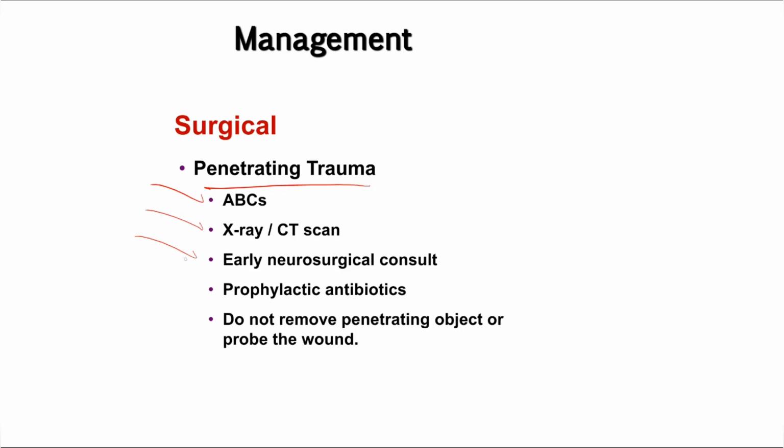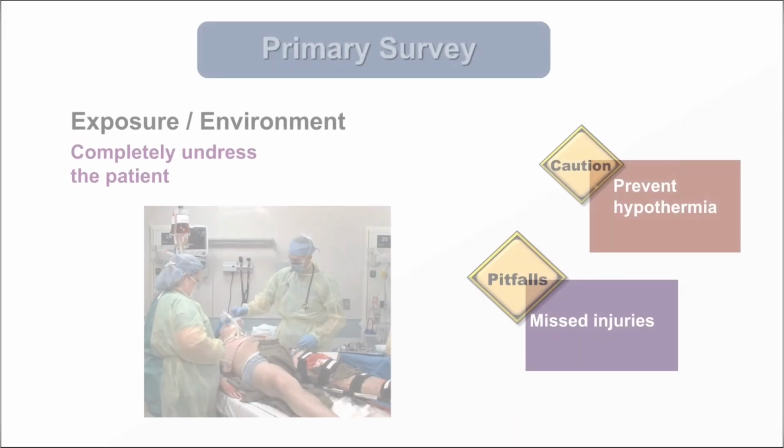Early neurosurgical consult, because they have to suture it or they have to do surgery. Give prophylactic antibiotic and anti-tetanus. Do not remove any penetrating object in the brain, and do not probe the wound to know the extent of the injury.